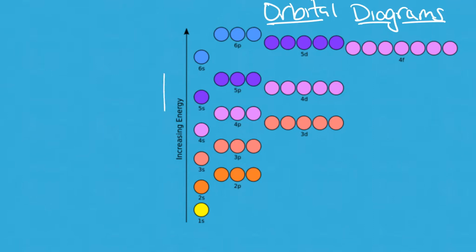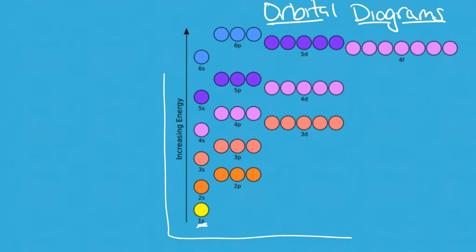Hopefully you remember that the sublevels closest to the nucleus have the lowest energy, and the further out you go, the more energy those electrons contain. So energy level 1, the s sublevel, is much closer to the nucleus, so it has the lowest energy potential of all the other energy levels and sublevels. Then you can see it go in increasing order.